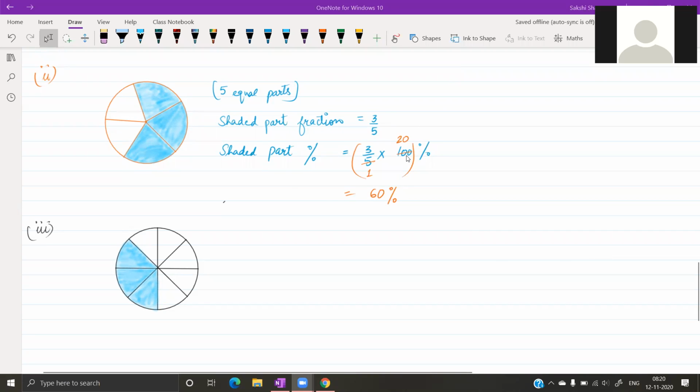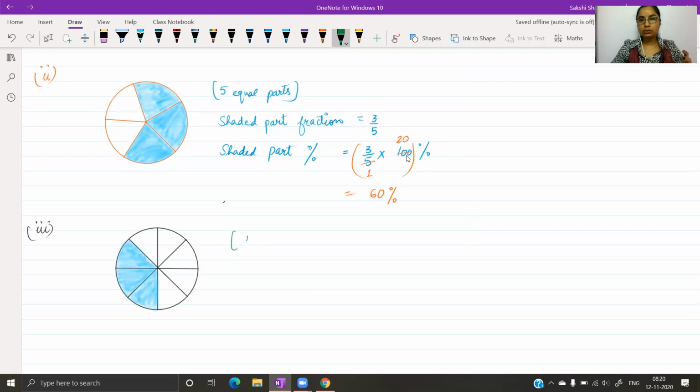Similarly, in the third part, how many equal parts do you see? There are 8 equal parts. And then I can write down the fraction. It will be 3 out of 8. And then I can convert this into a percentage.